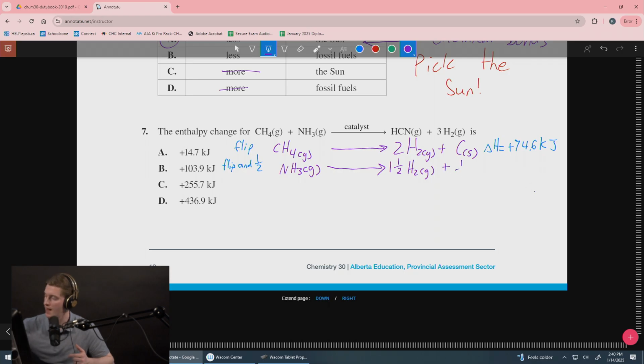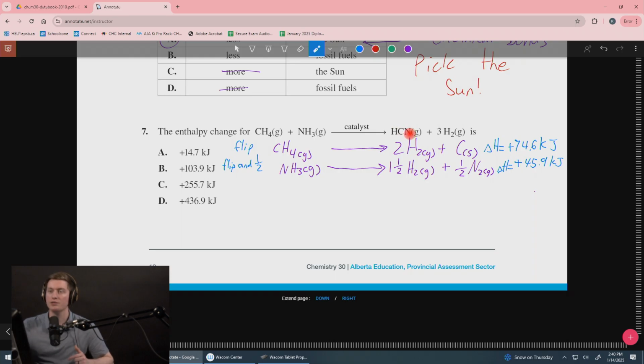And 1/2 mole of nitrogen gas. And because I flipped the reaction, the delta H is going to change from a negative value to a positive value. And I'm going to halve it, so it's no longer 91.8, and it's now 45.9 kilojoules. I flipped it, and I halved it.